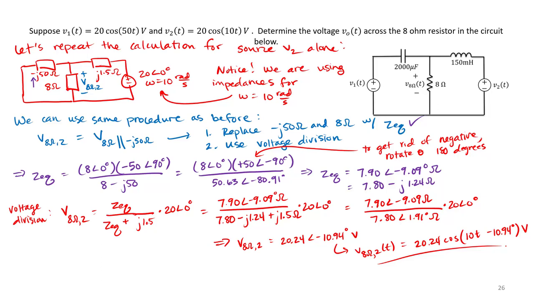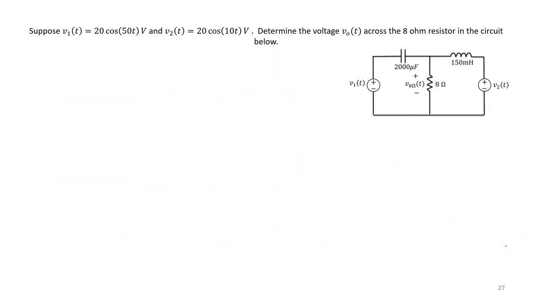All right, our last step is to complete the superposition by adding the algebraic sum of each source considered separately. In this case, the voltage across the 8 ohm resistor must be equal to the sum of the two sources acting alone.